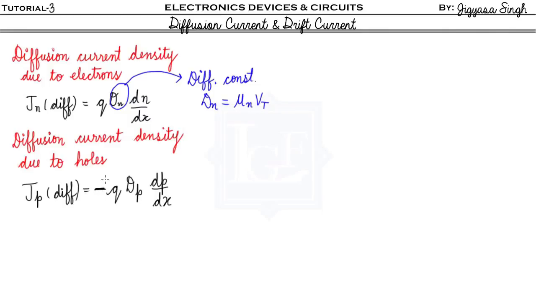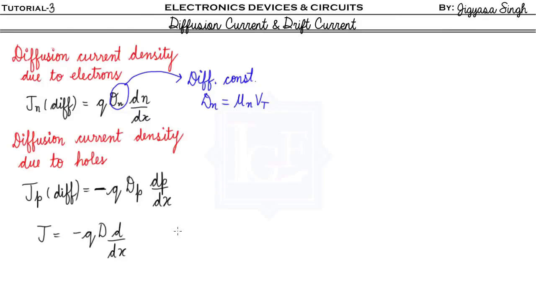Now some smart minds will definitely leave a comment over here: ma'am, why are we adding a minus sign when the holes are always taken positive? So let me just cut the whole thing short. This current density is given by minus q D d by dx. This is how the expression is.